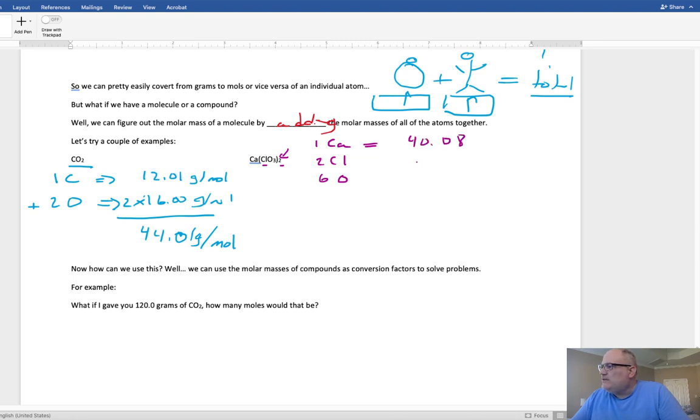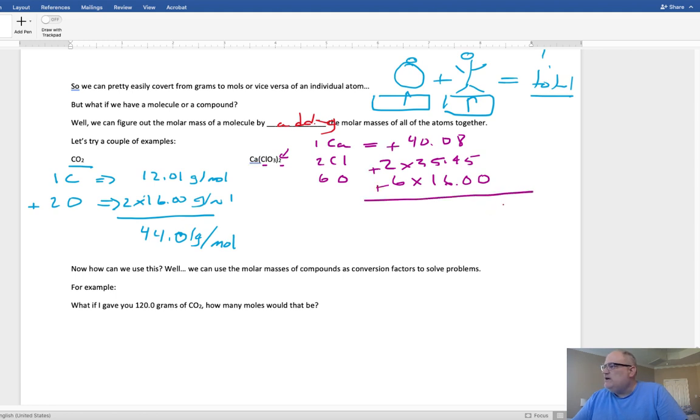And isn't chlorine 35.45? But don't we have to multiply that by 2? And then don't we have 6 of these oxygens, and each of the oxygens is 16.00. So we have to add all of these together.